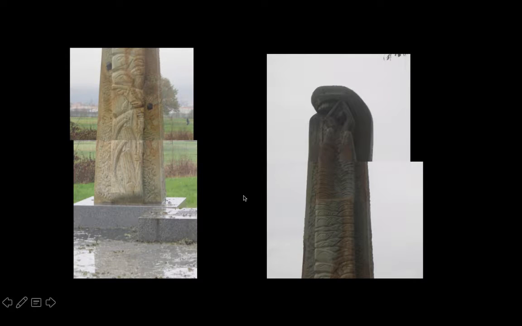Now, when you think about color, the color is very interesting. The larger structure is made out of sandstone, and you can see the base is basically concrete. These pictures of the sandstone were taken within a minute, if that much, of each other. And you can see, depending on the angle and the distance, the differing color that you could see in the sandstone. Of course, it's a natural material.